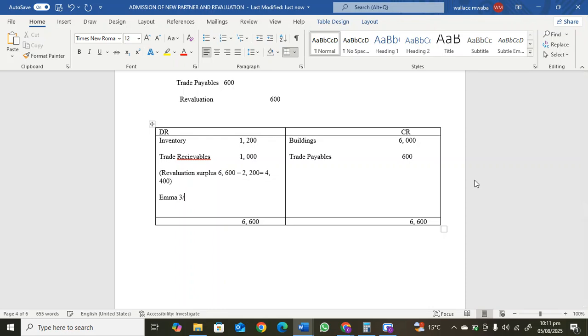So 3 over 5 times 4,400. What do we get?